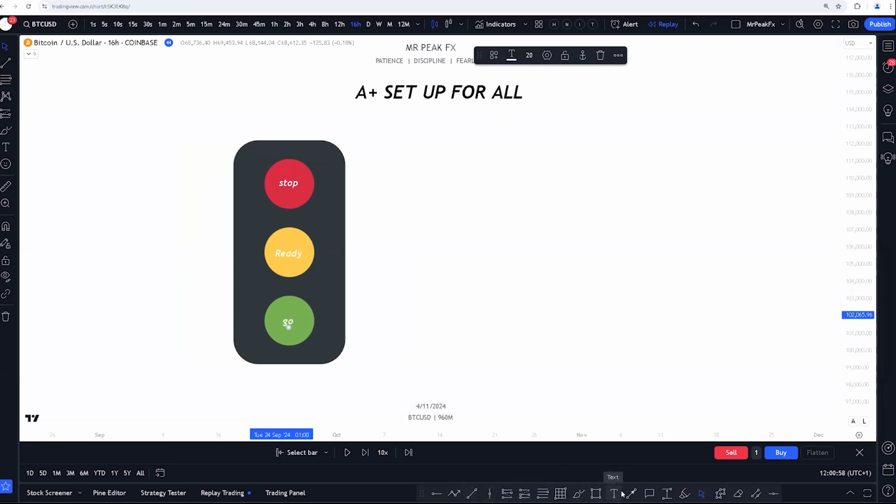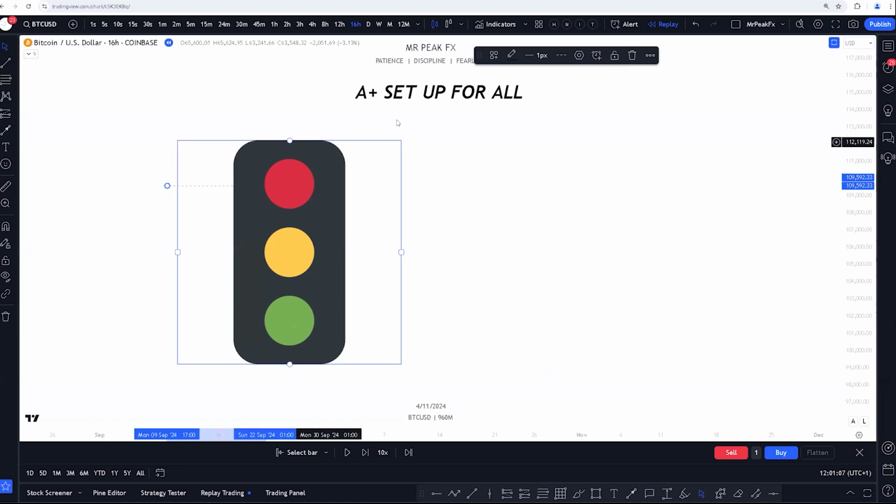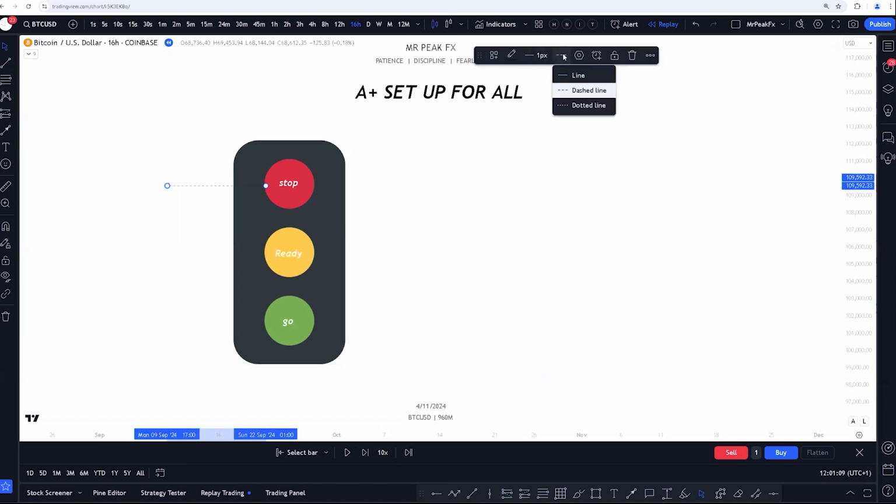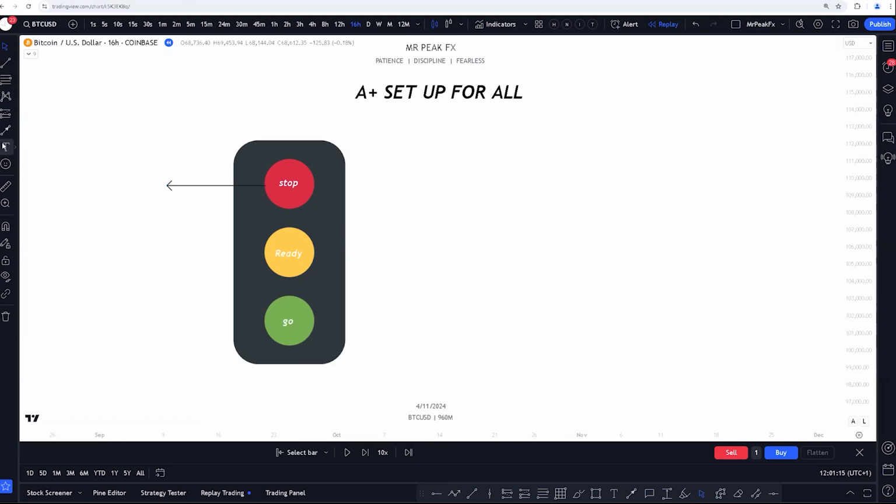Now, the red in Forex trading signifies liquidity grab.